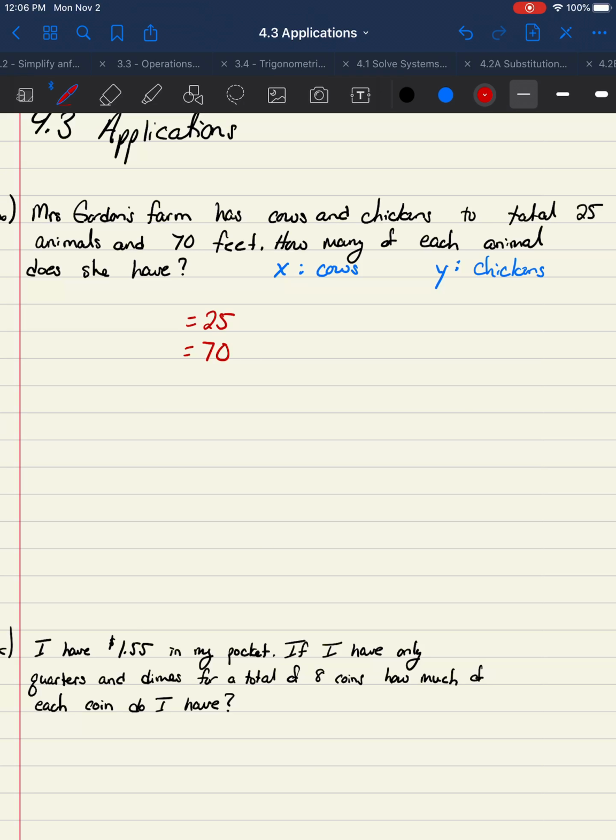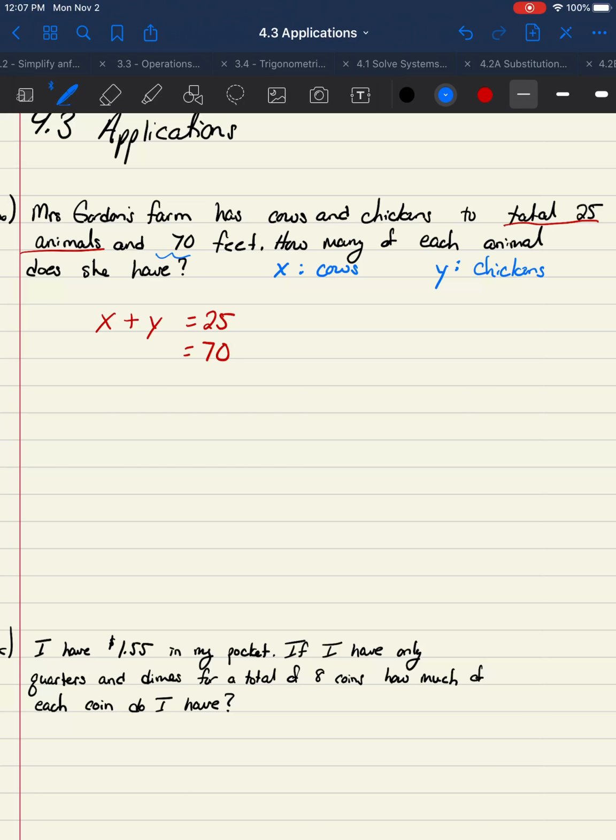Okay. So now I'm going to back up to my equations. 25 is the total number of animals. Well, what kind of animals am I putting together? I'm putting together cows and chickens. Cows plus chickens equals my 25 animals.